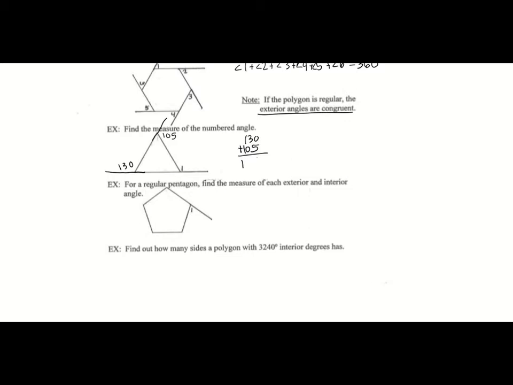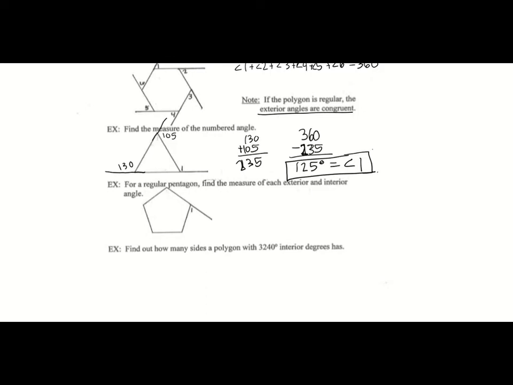We get 235, and we can subtract that from 360. When we do that, we get 125 degrees. So that means angle 1 is 125 degrees, since we know all three exterior angles add up to 360.